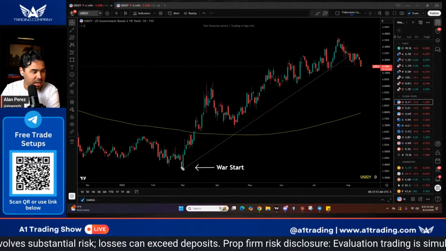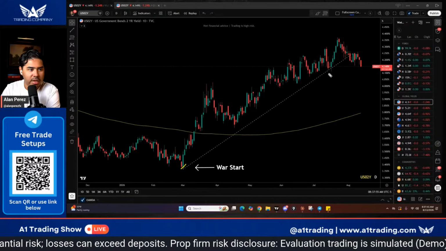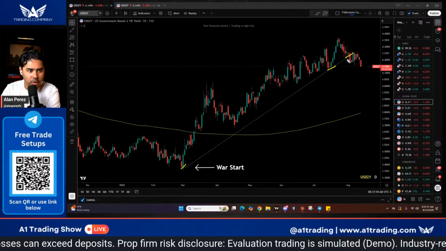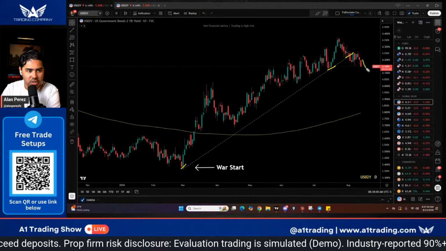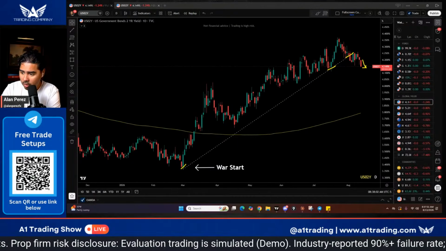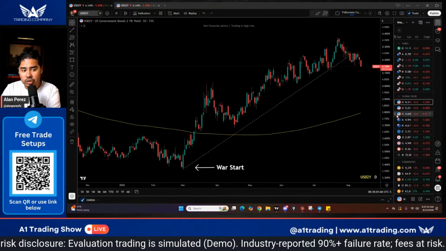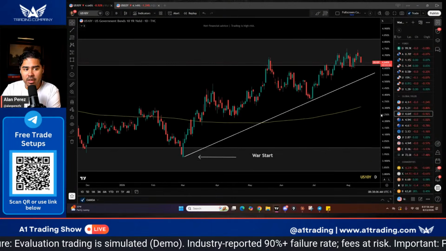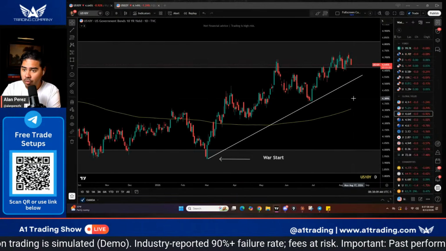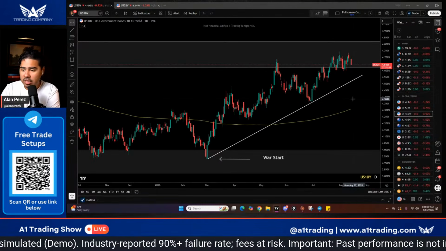We had this upward trend line in the 2-year yield, we broke below it, and we are now starting to see a continuation lower, which is good for the dollar short story. If you start to see that happen in the 10-year, then that I would say is a really strong development for the dollar bear case.